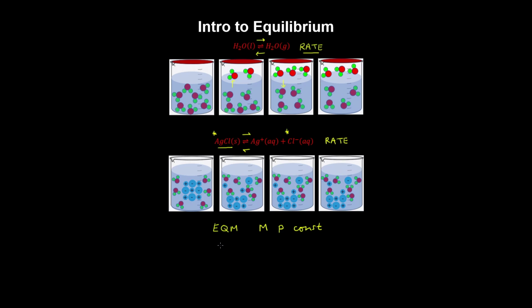And the equilibrium state is dynamic, meaning that the forward and reverse processes continue to occur at equal rates. So the processes don't stop occurring, they just keep going back and forth at equal rates. And this results in no net change that can be observed at the equilibrium state.